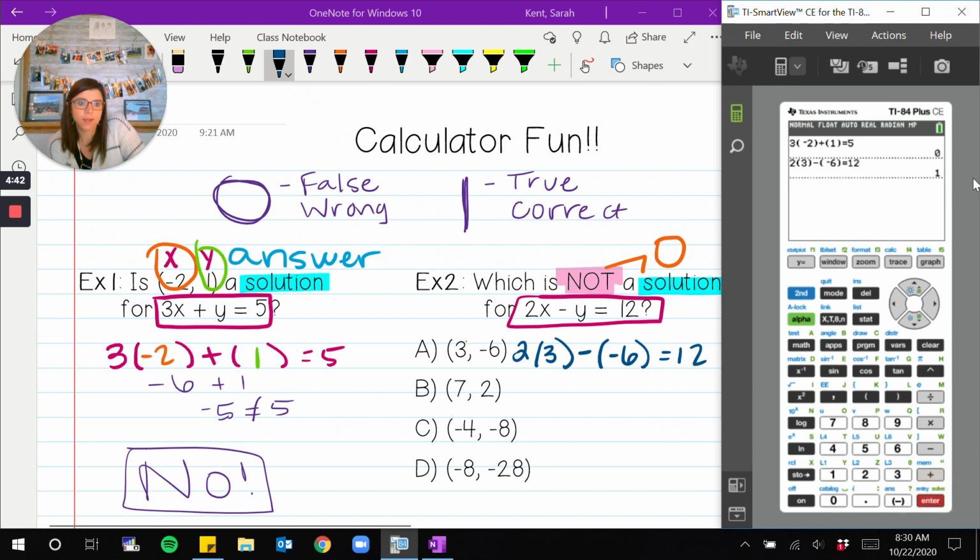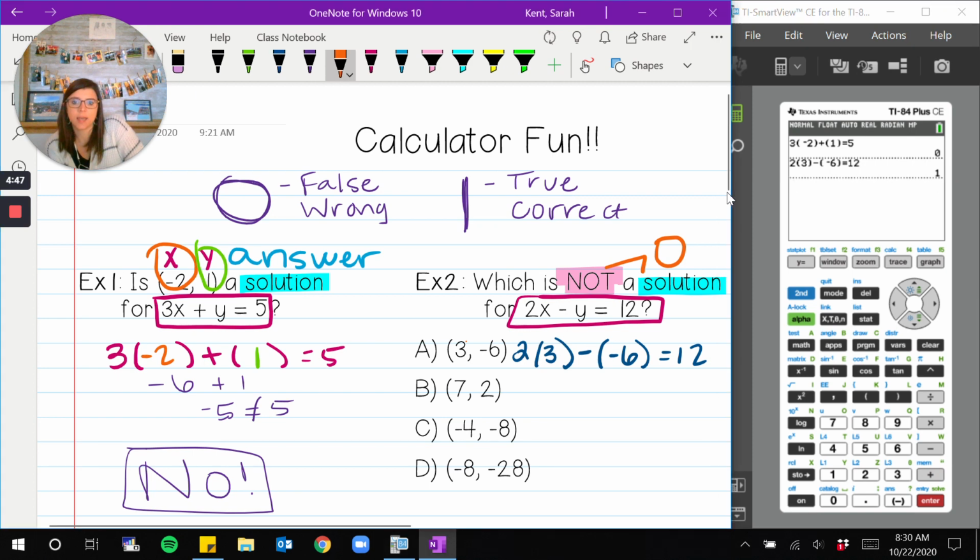When I press enter, the calculator said 1. If I'm looking for 0, this is not my answer, because this is a solution. This one is good, so it's not my answer.